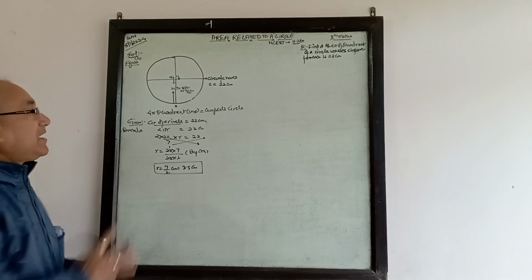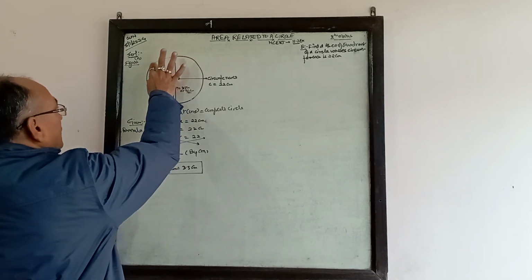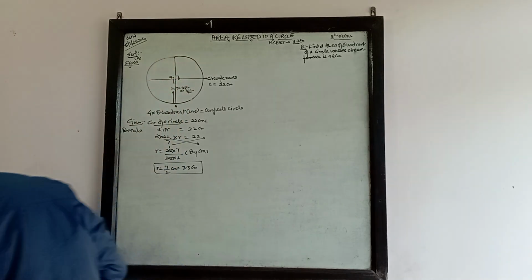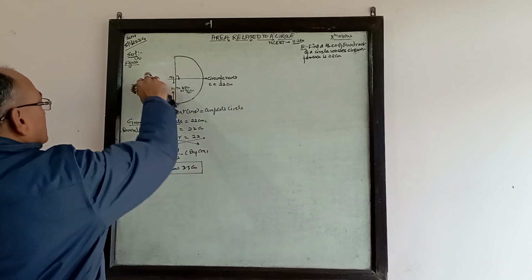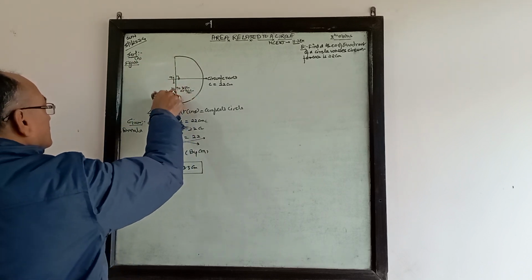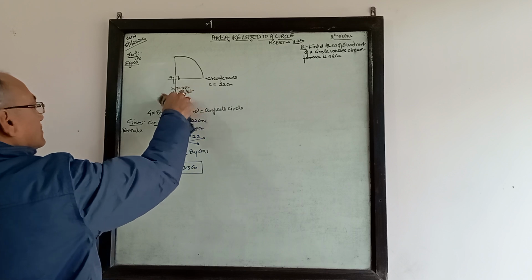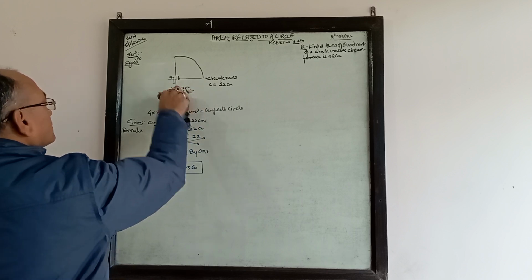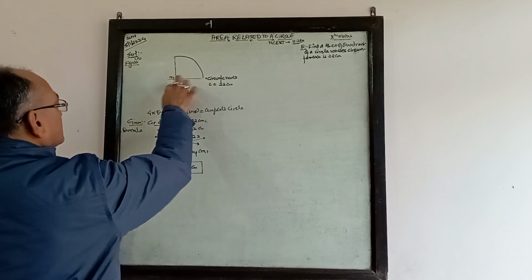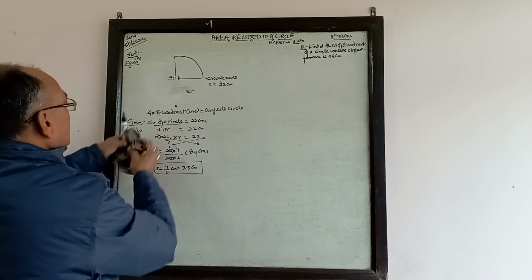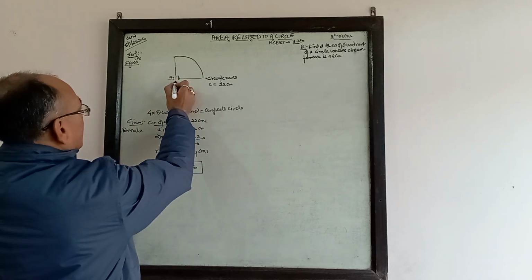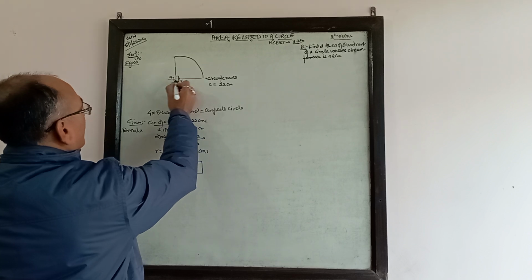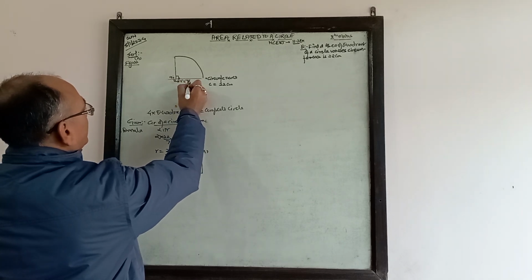Okay, sir? Yes, sir. Now see, now this you remove from here. Now this one is radius, this is the center O, r is equal to 7 by 2 centimeter.